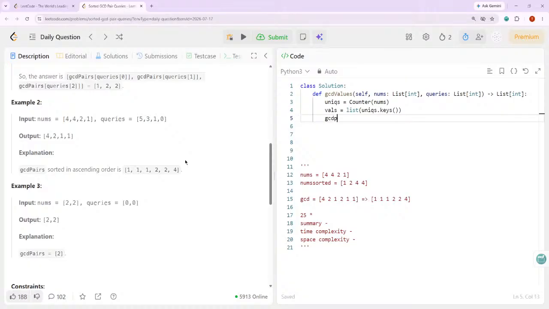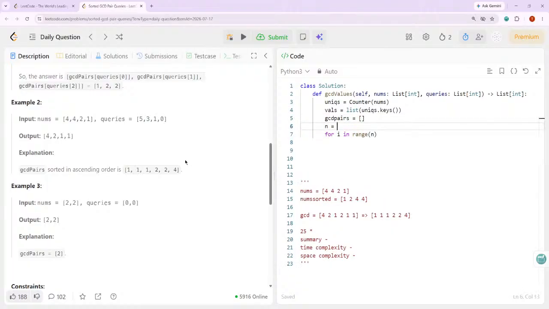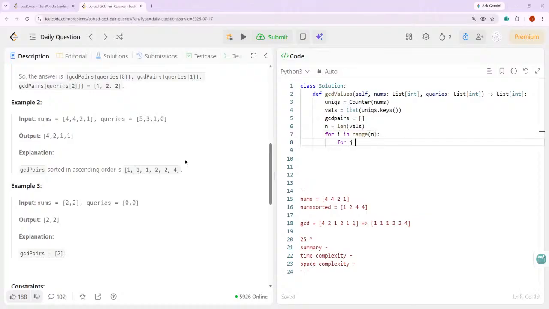Okay, so GCD pairs. And then for every i in range n, where n is the number of unique values, for every j in range, I guess it'd be j after i.